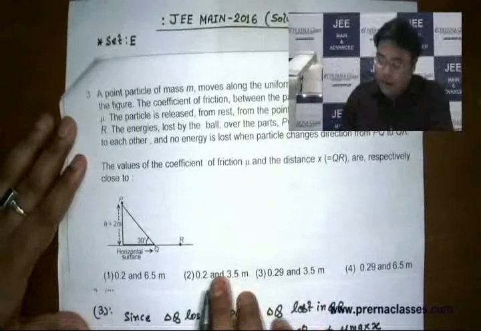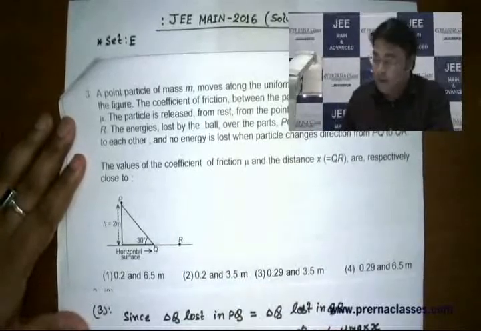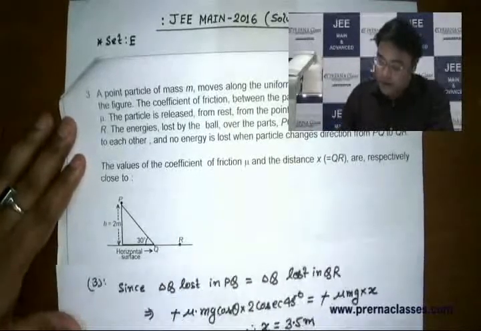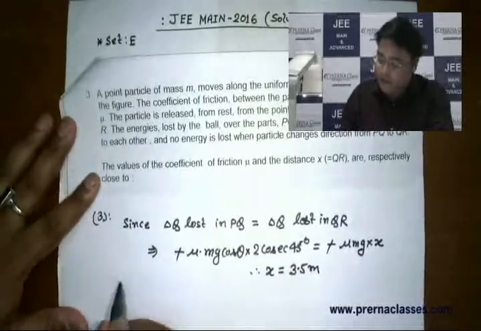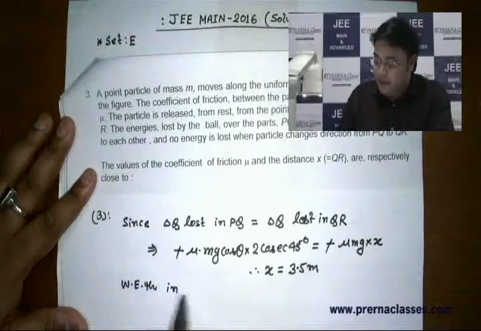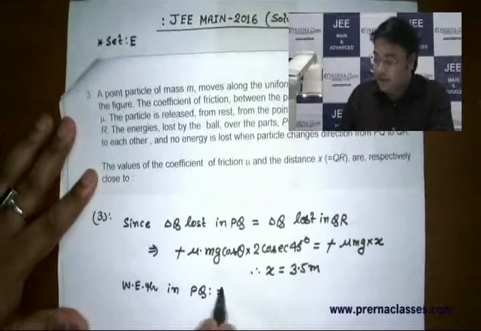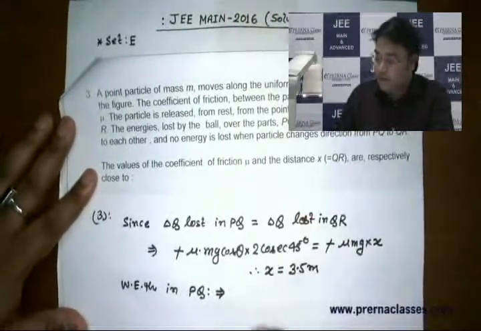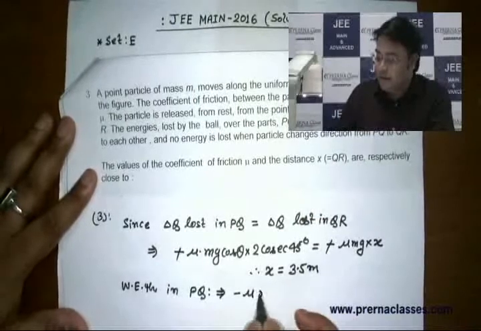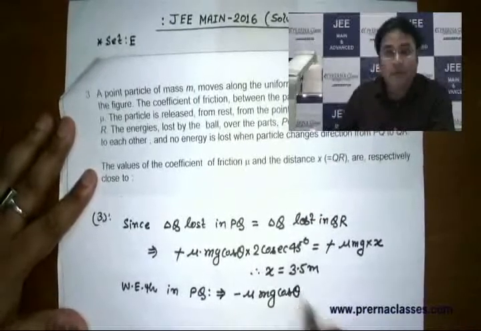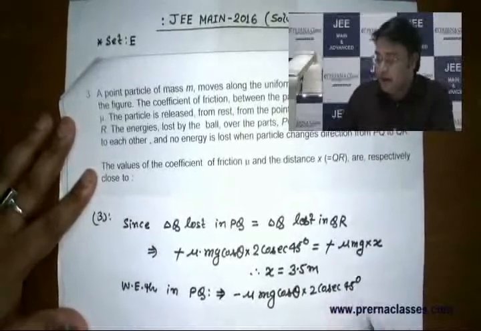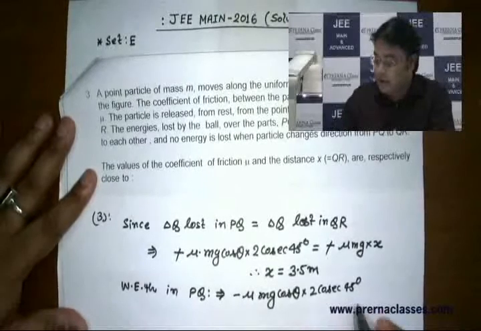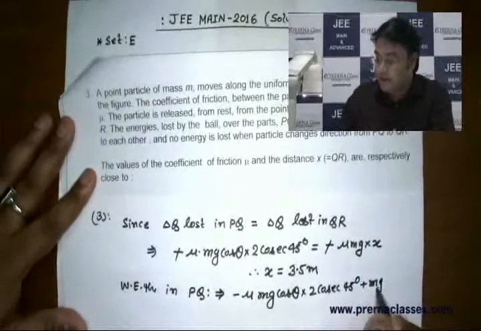Now apply the work energy theorem in part PQ. So the work done by friction, that is minus mu mg cos theta into 2 cosec 45, plus the work done by gravity, mg into h, which is 2, is equal to the change in kinetic energy, which is half mv square.